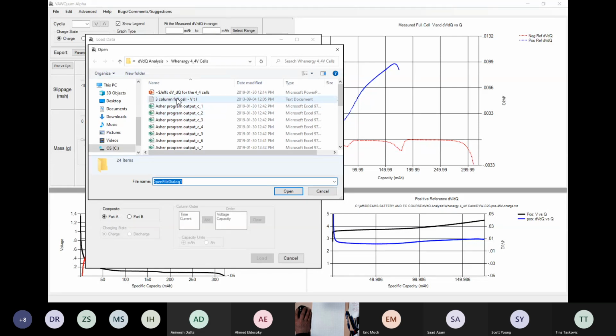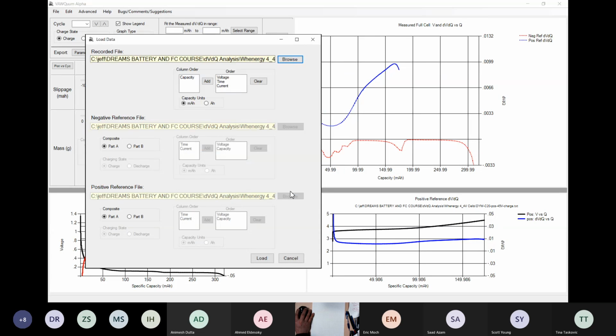And this is the 3-column full cell VTI. And we load that. It asks you how you are loading your data. Okay, so we're adding it as in the columns, voltages first, then time, then current. So we load that.